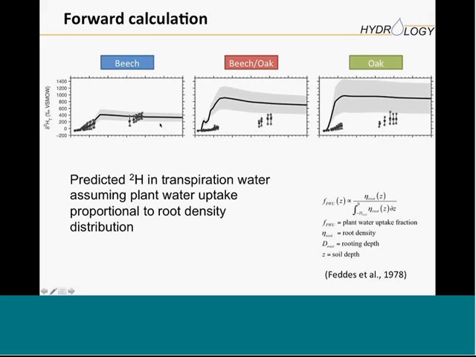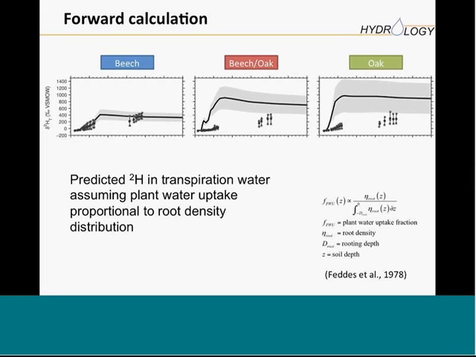And if we do this and compare this to the observed deuterium values in the transpired water, we see for the beech that we do a relatively good job in predicting the observed water in the transpiration flux, but we do a really poor job for the beech-oak, and for the oak, where we completely overestimate the isotopic composition in the transpired water.